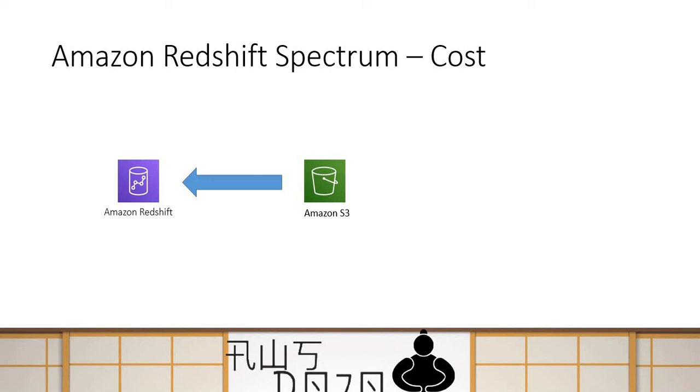But there are two factors which work here, and you need to understand them. Based on your use case, you should use these two factors in your cost modeling to decide how much you're going to pay for this solution. So offloading to S3 doesn't necessarily mean your cost will reduce. You have to keep these two parameters in perspective.